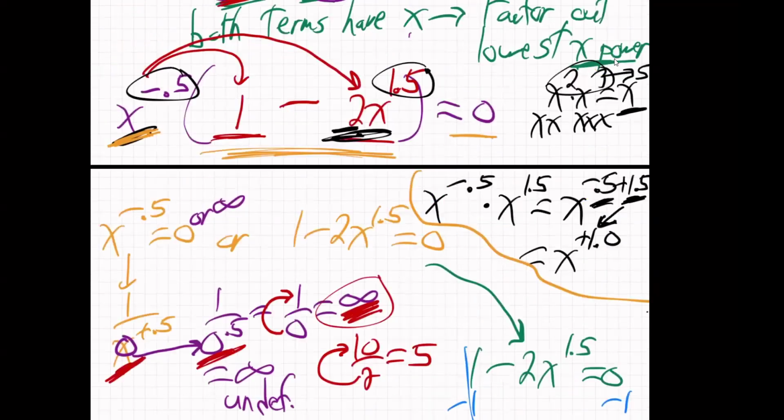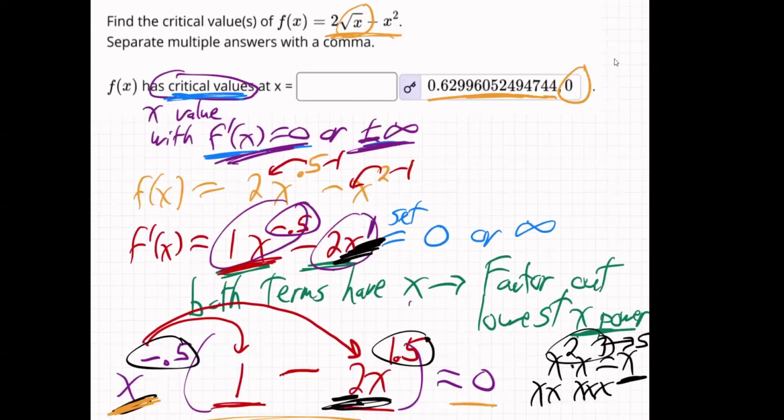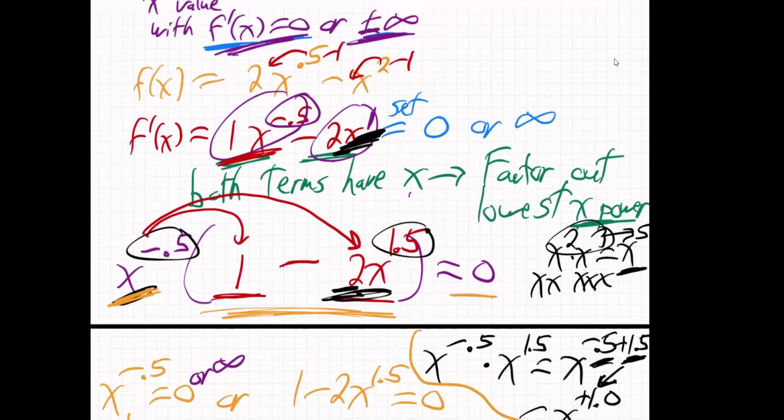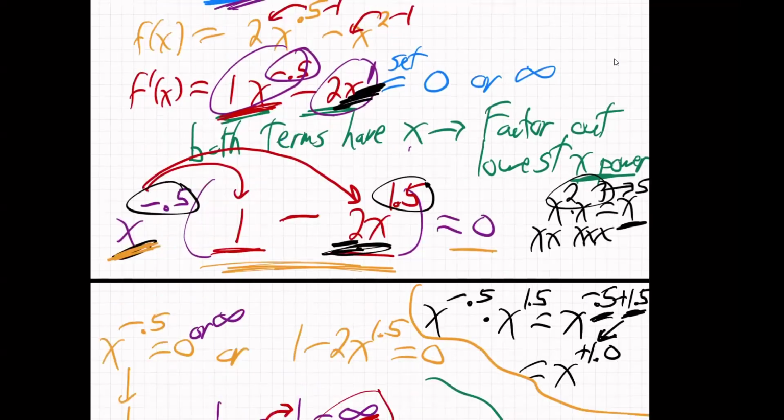Let's recap. This was worth a recap. What do we do? Whenever they ask for a critical value, we go, okay, that's either where the derivative is 0 or infinity. So I took the function, I took its derivative, and that wasn't too bad. And then I realized, oh, okay, you've got to factor out when you have two terms that both have an x, take the lower power, negative 0.5, factor it out, put inside whatever will work, so those powers will add to go back, and then set it equal to 0.